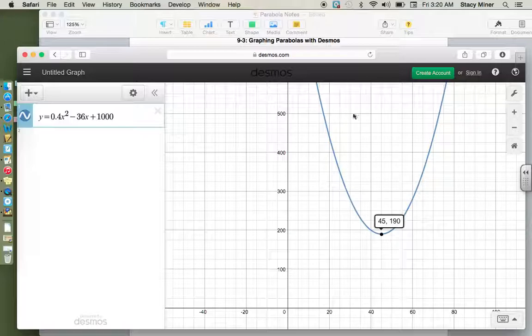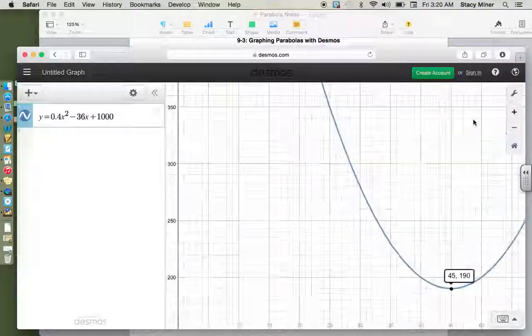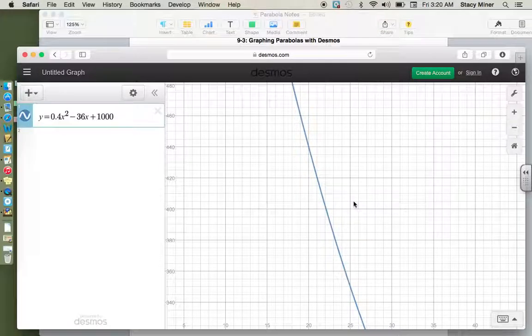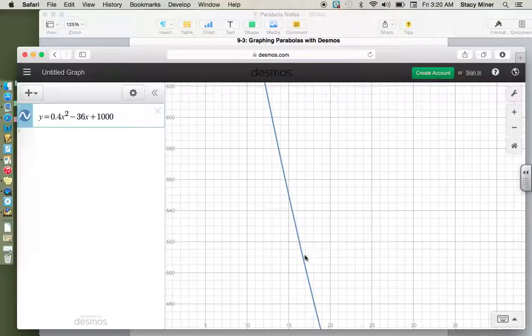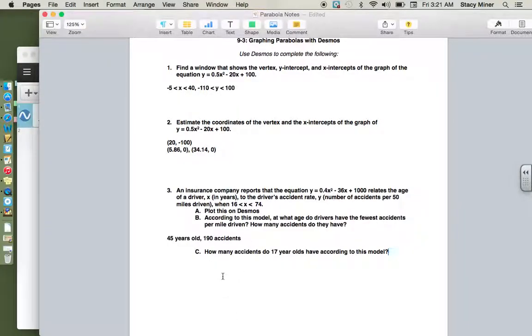Okay, I'm going to zoom in a little bit to see if I can get a better estimate. 503.6. Okay, so that's how we can use Desmos, just like we have in the past, to graph parabolas.